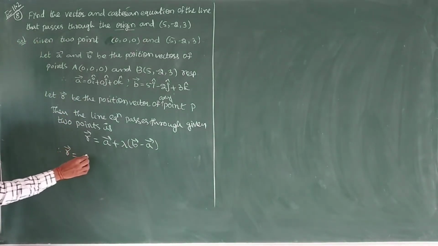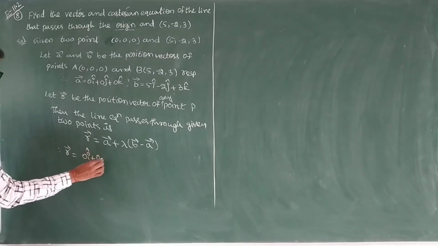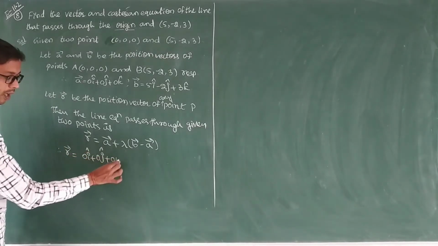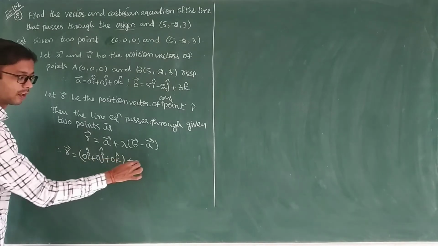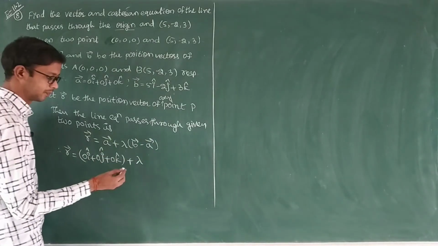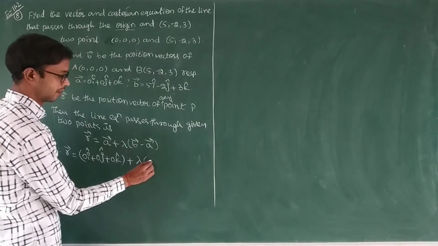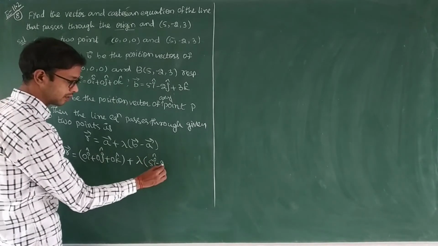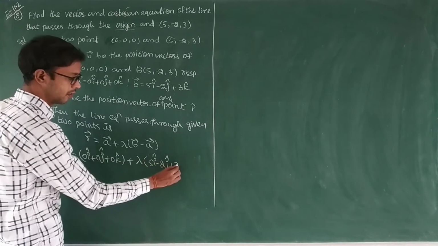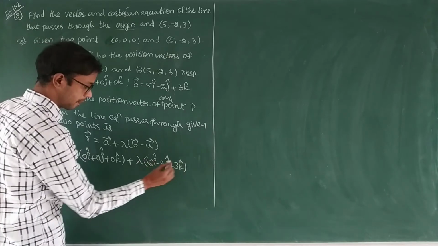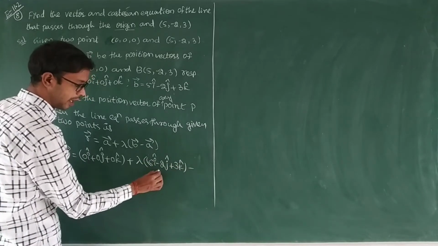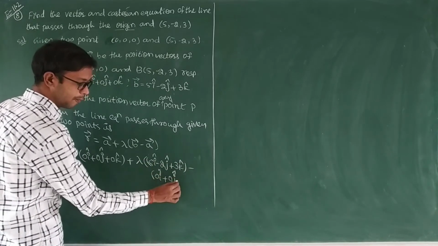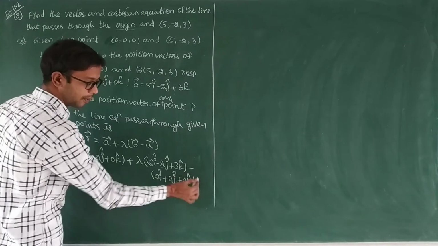R bar equal to 0 i cap plus 0 j cap plus 0 k cap plus lambda into b bar, 5 i cap minus 2 j cap plus 3 k cap, minus of 0 i cap plus 0 j cap plus 0 k cap.